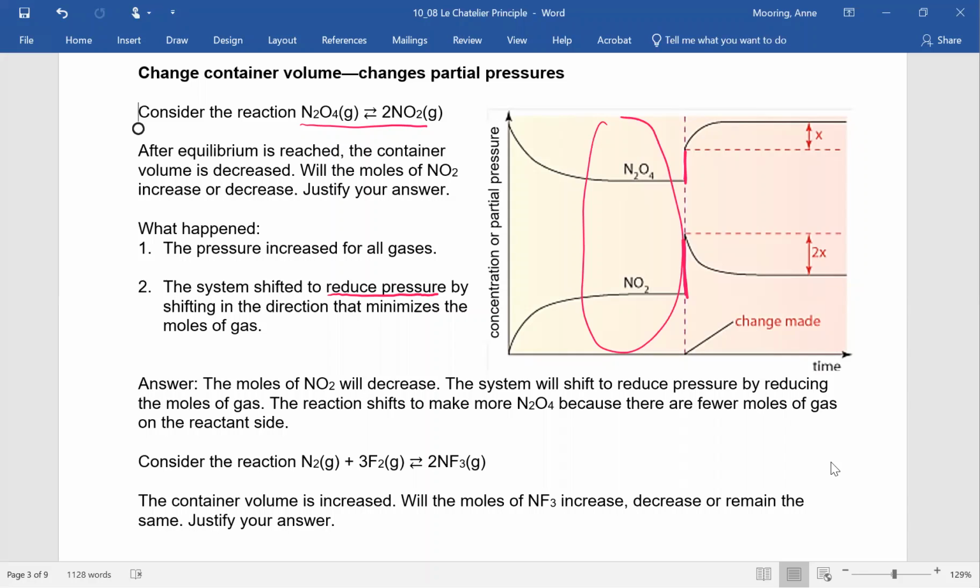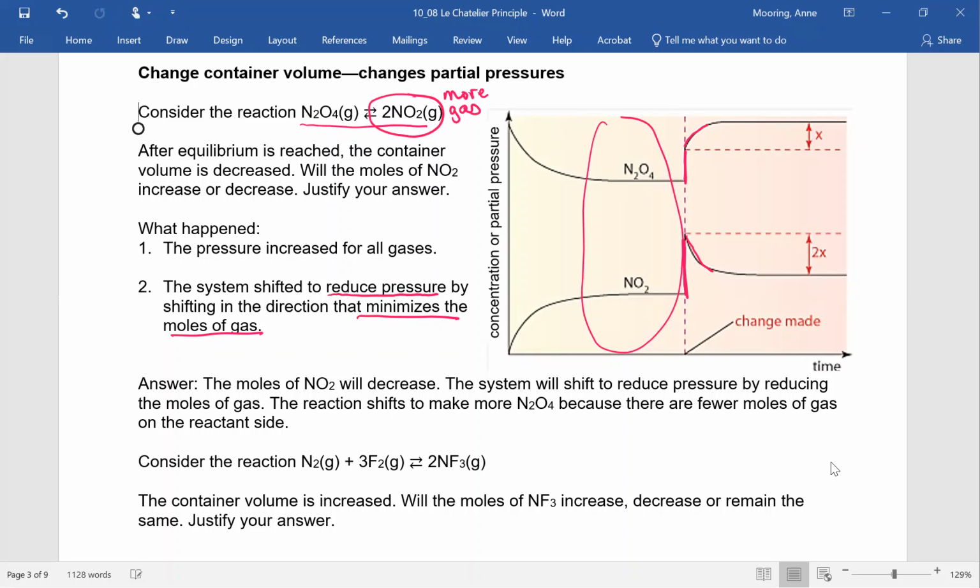Since we've increased the pressure, the system is going to shift to reduce the pressure. It will do that by shifting in the direction that minimizes the moles of gas. If we look, we see that the NO2 decreases much more rapidly than the N2O4 decreases, and that's because we have more moles of gas on the product side of the equation.